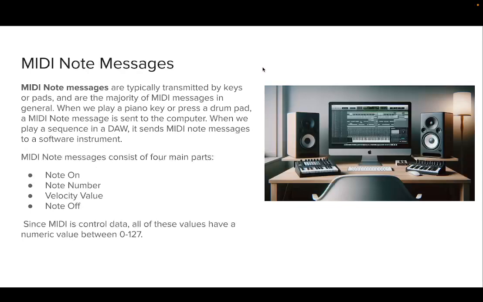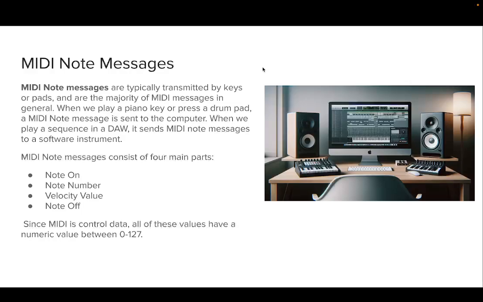MIDI note messages are typically transmitted by keys or pads, and are the majority of MIDI messages in general. When we play a piano key or press a drum pad on a MIDI controller, a MIDI note message is sent to the computer. When we play a sequence in a DAW, it in turn sends MIDI note messages to a software instrument.